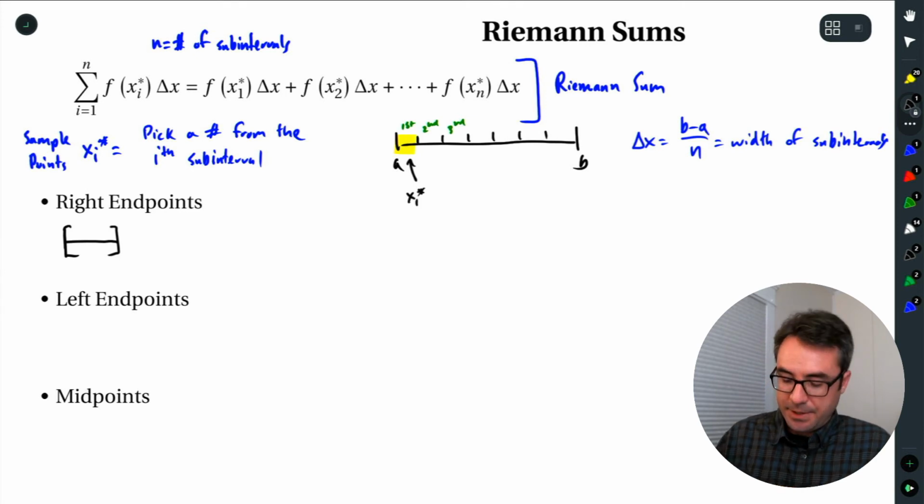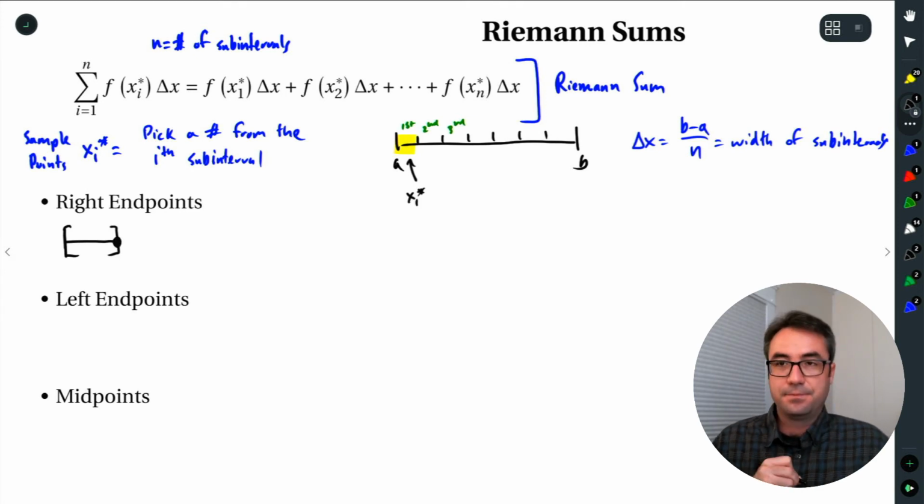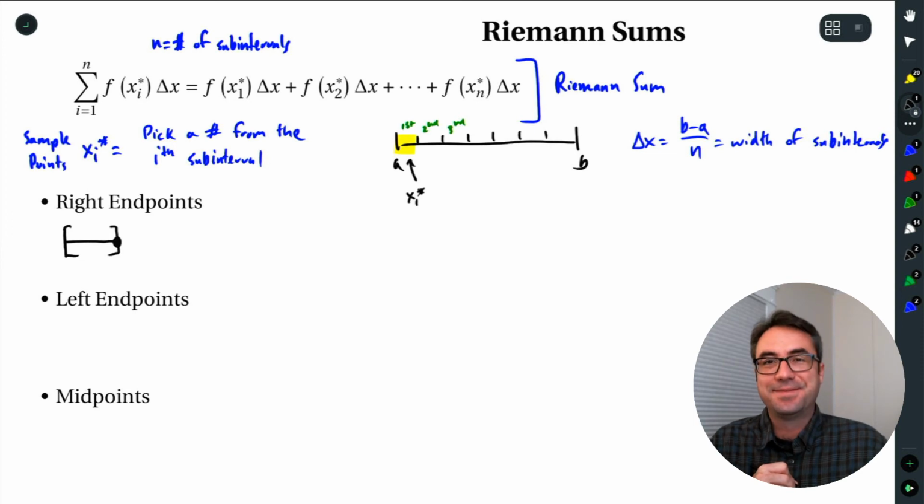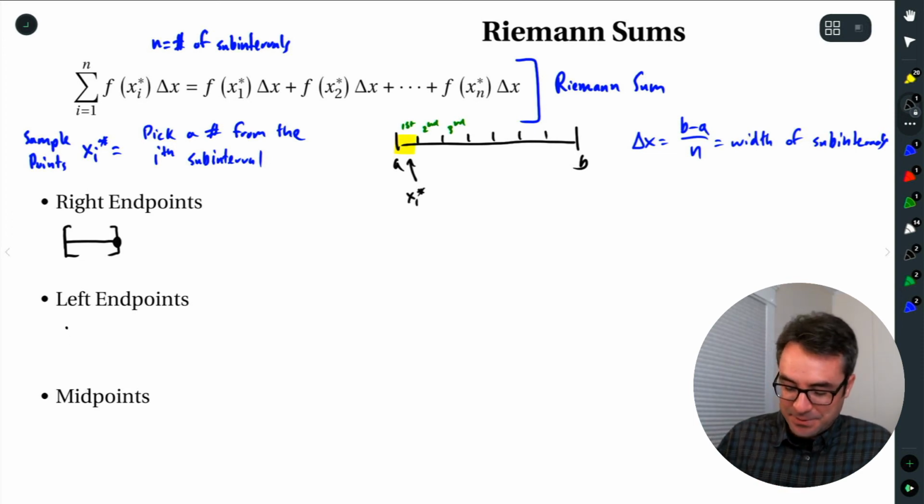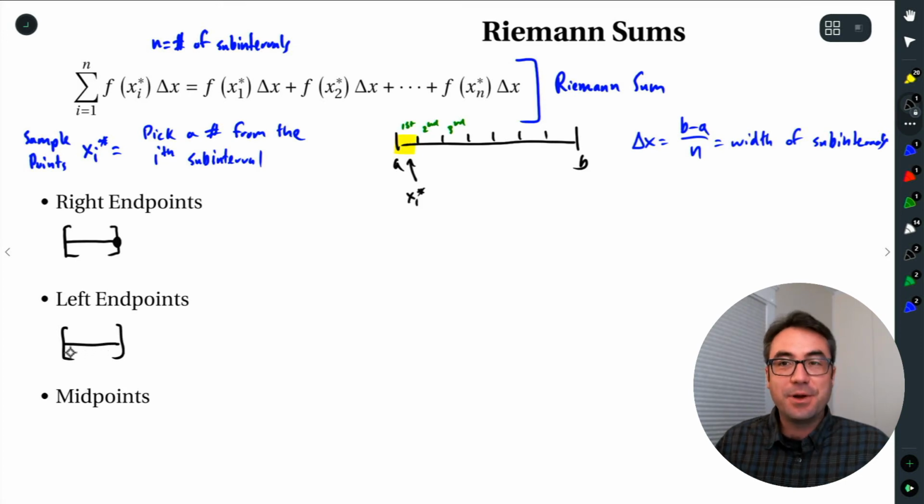The right endpoint means we're just going to pick the right endpoint. The left endpoint, if this was our subinterval, little section of the x-axis here, you just pick the left endpoint. And midpoint, you pick halfway in between.